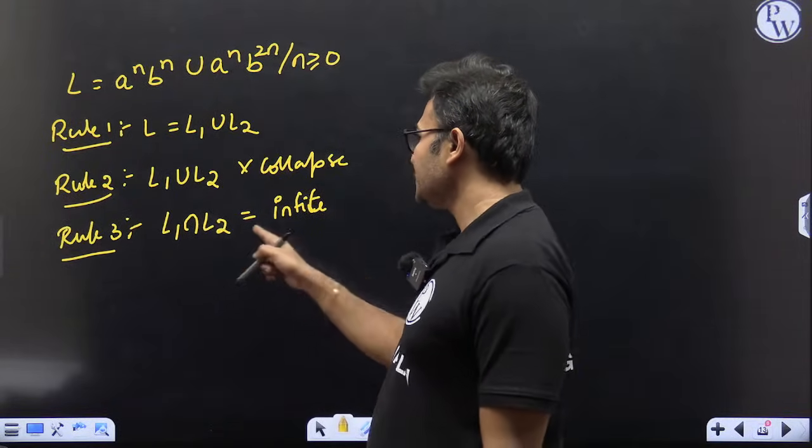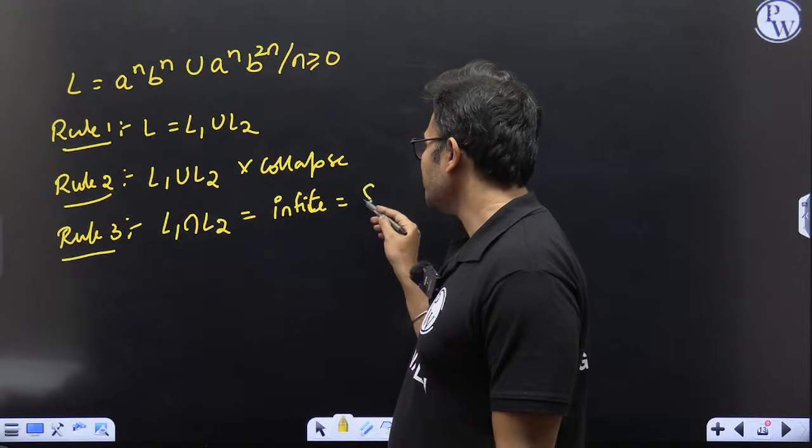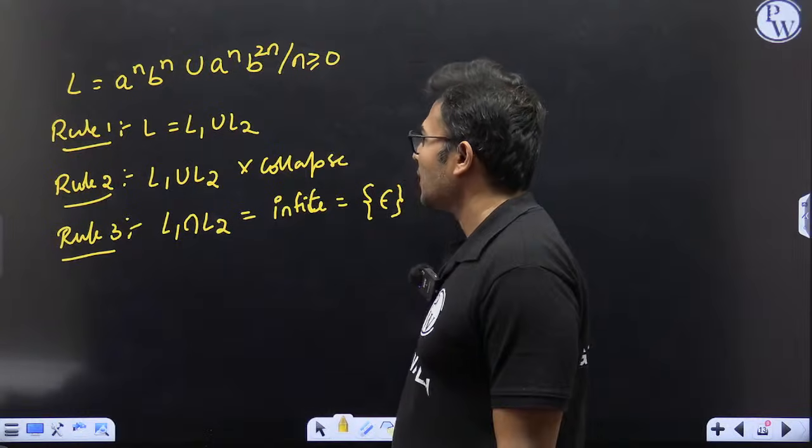So L1 intersection L2 is equal to epsilon, which means finite, right?